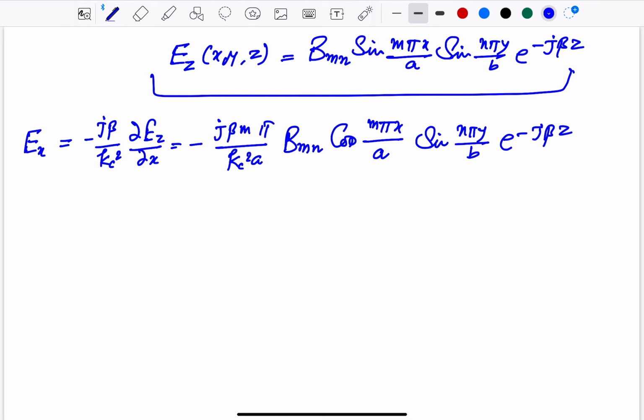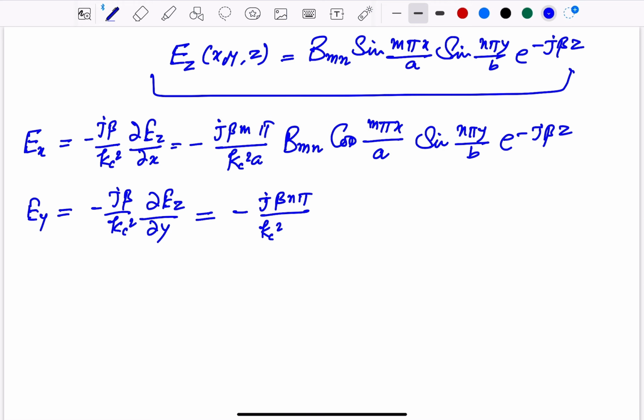In a similar sense, you can estimate Ey also as minus j beta over kc square dou Ez over dou y, this time differentiating with respect to y, and it will give you minus j beta n pi divided by kc square b Bmn, and here sine(m pi x over a) cos(n pi y over b) e to the power j beta z.